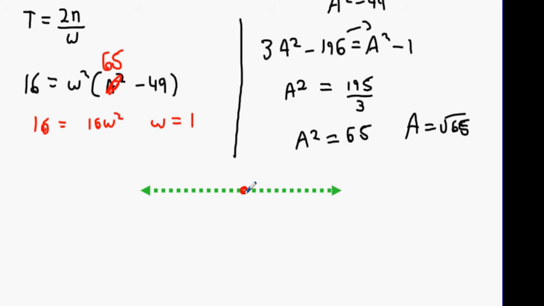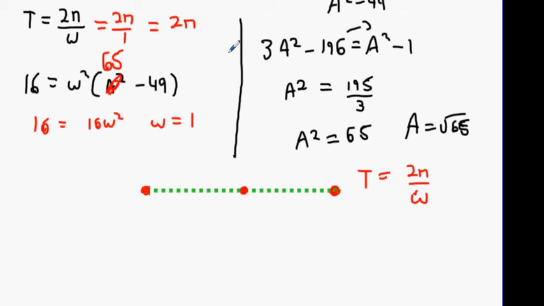How long does it take to go from here, back again, back to where you started? It's called the period. 2 pi over omega. And the answer to part 2 was that the period is what we're looking for. It was 2 pi over 1, which therefore equals 2 pi. 2 pi is how long it takes us to do one oscillation.